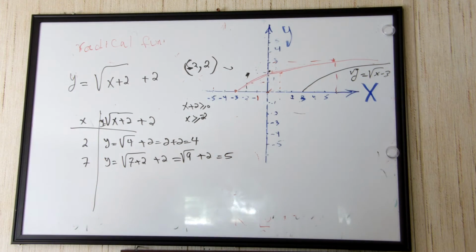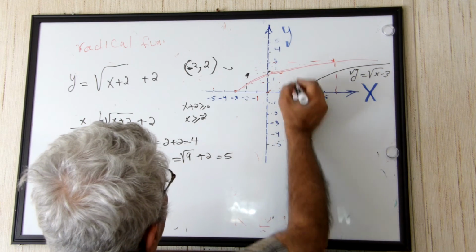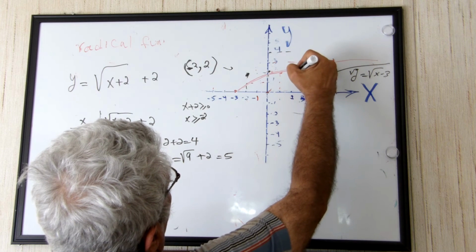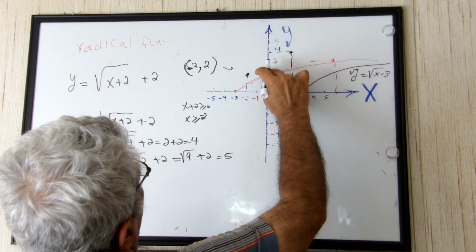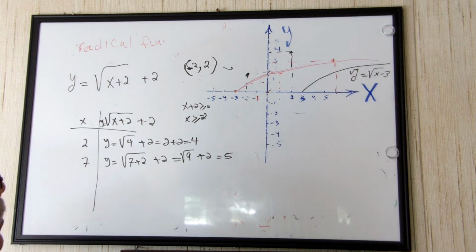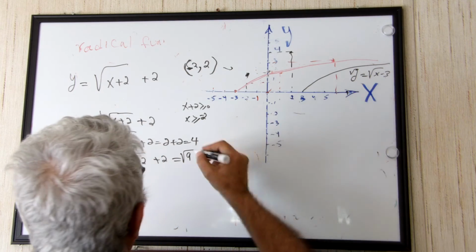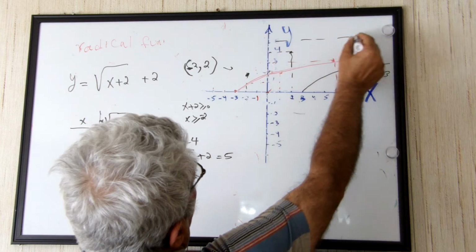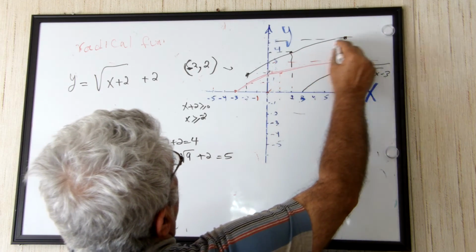So with these points, we can graph this function. If x is equal to 2, y is going to be 4. Here is another point. Then we have x equal to 7, and y is going to be 5. And you go there, and then you just graph this one.